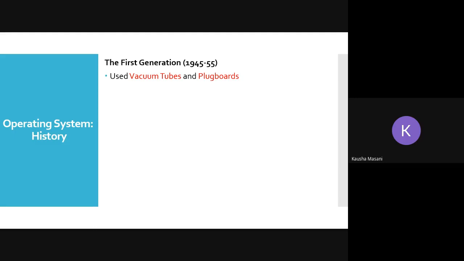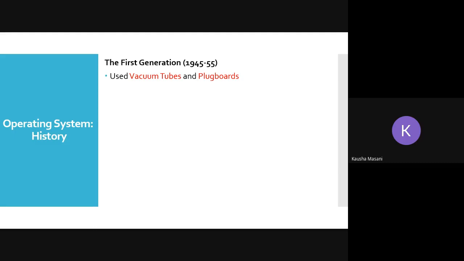The devices were the size of rooms. There were strings of vacuum tubes going on, and there were plug boards. Those plug boards had plugs with letters and numbers assembled in them.